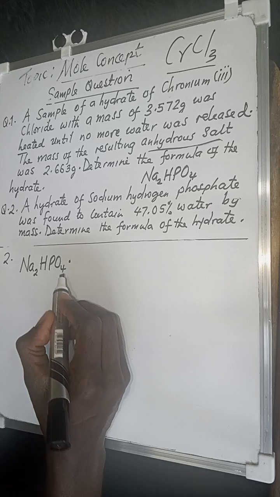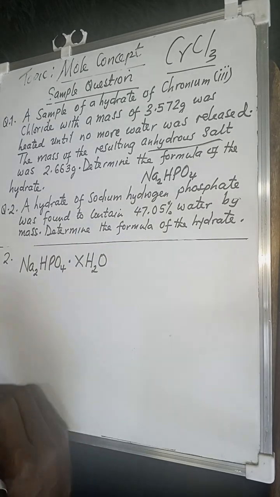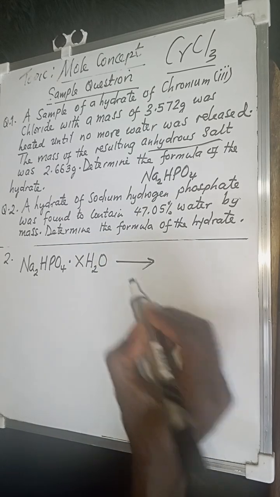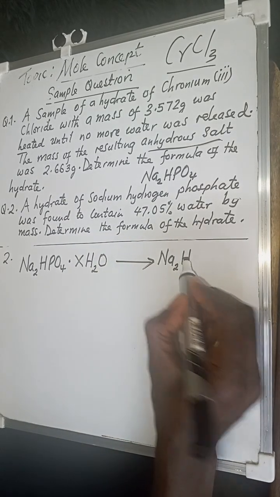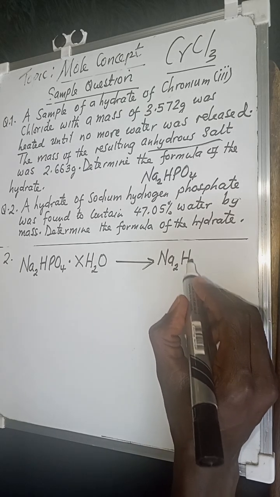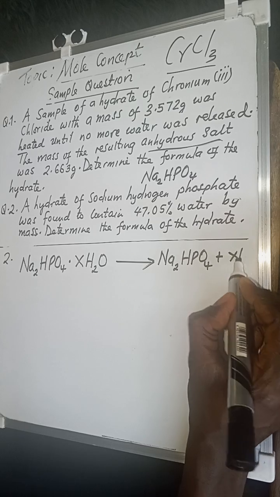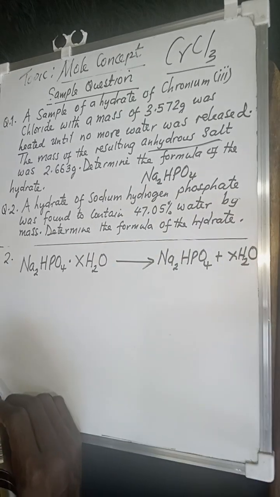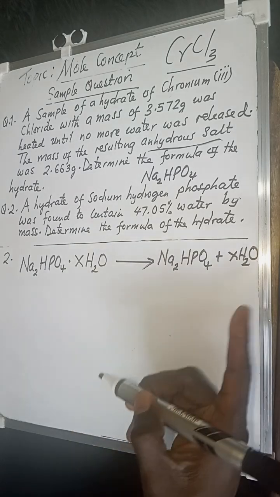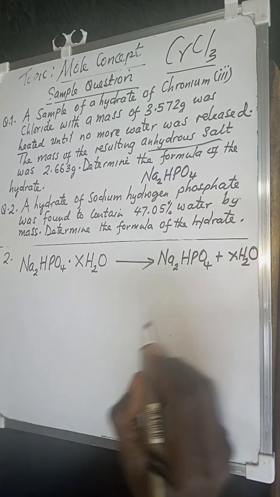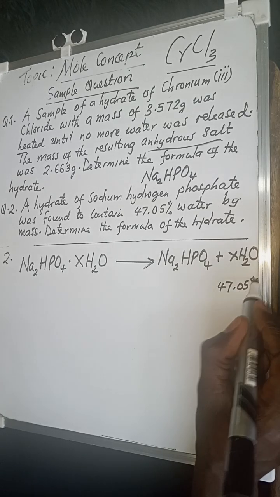But because it's a hydrate, maybe I can say X water, so we don't know the number of water molecules. But when this is heated to dryness, you are going to have the sodium hydrogen phosphate produced plus XH2O. Now if you remember, they told us the percentage of the water by mass was 47.05%.